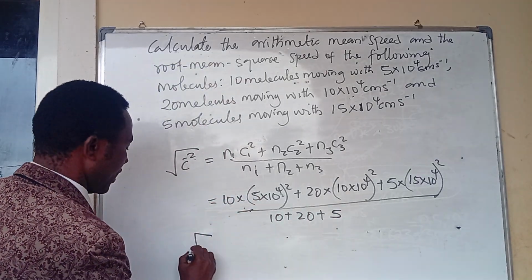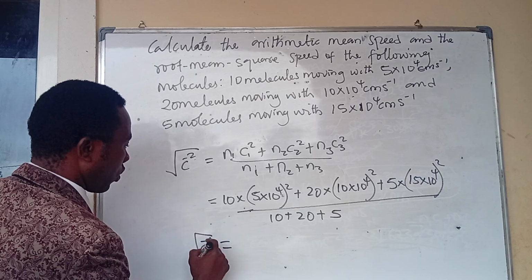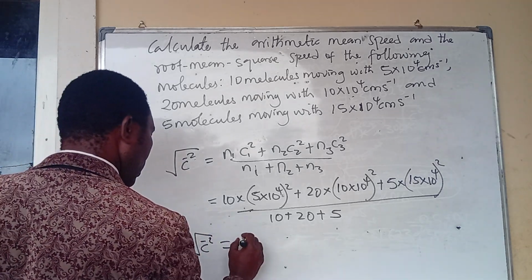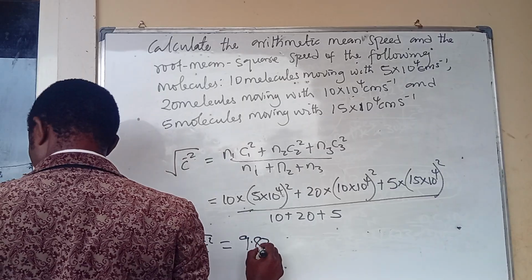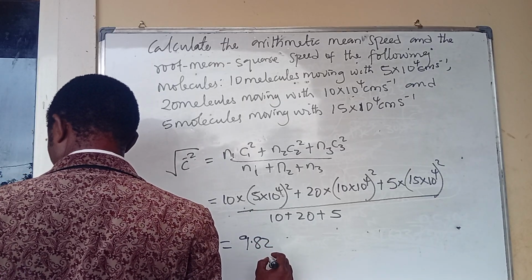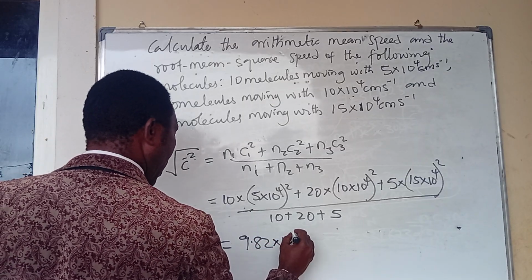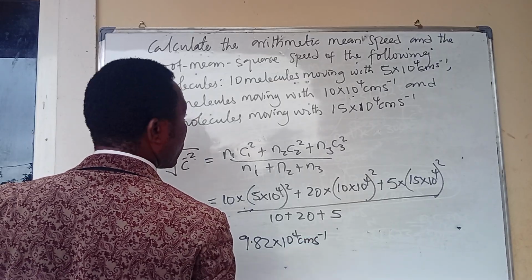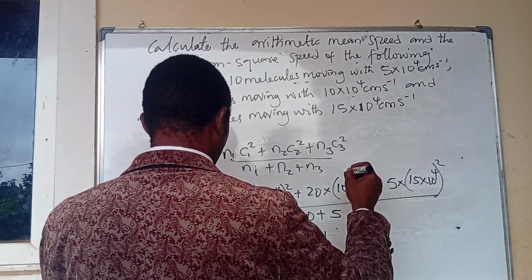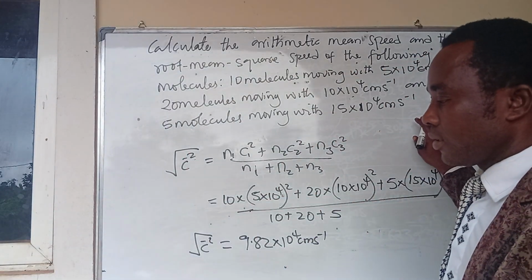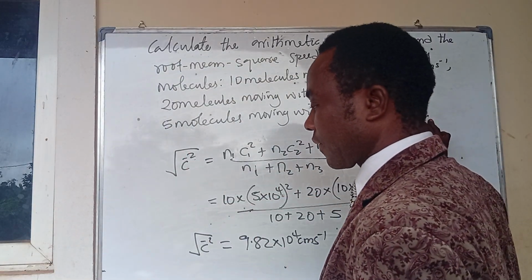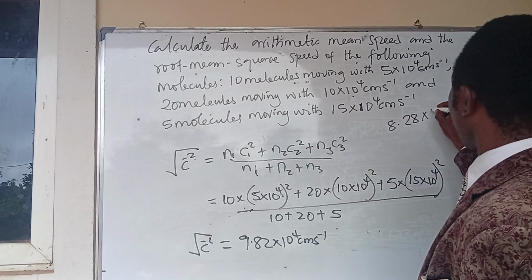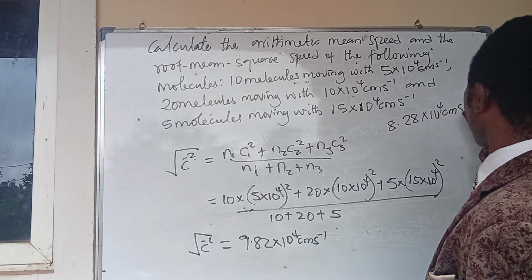So that means c bar square will be equal to, if you do the mathematics, 9.82 times 10 raised to the power 4 centimeter per second. So the first answer I got is 8.28 times 10 raised to the power 4 centimeter per second.